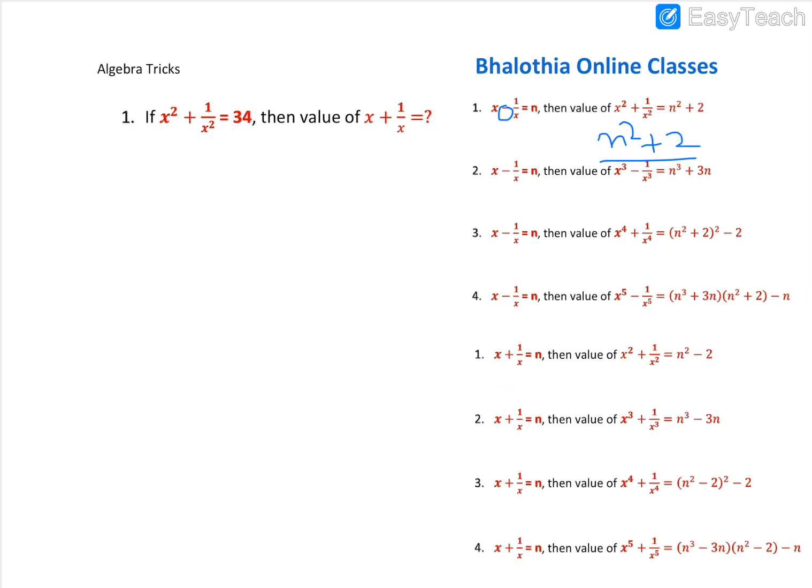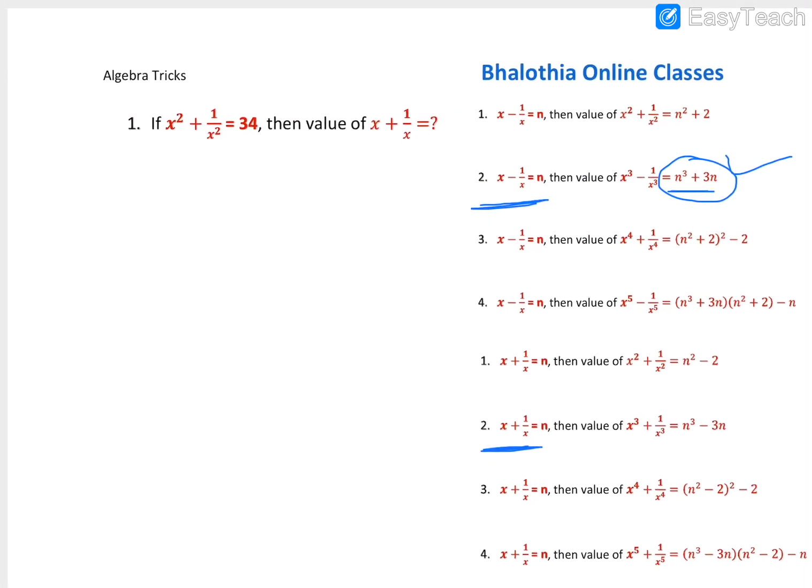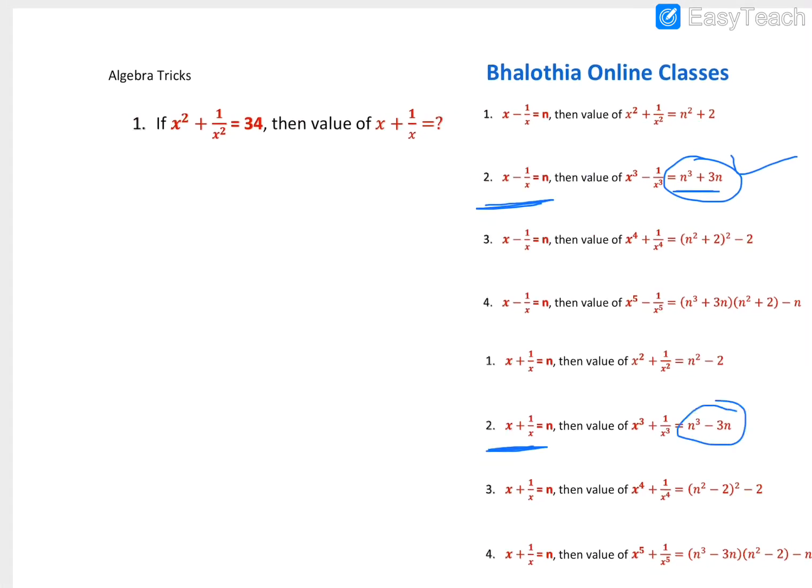And in the same way, for the cube the formula will be a different one. If x minus 1 upon x is given, then the formula for the cube will be n raised to the power 3 plus 3n. But if plus is given, then it will become n raised to the power 3 minus 3n. So if plus is given, we just put the minus.